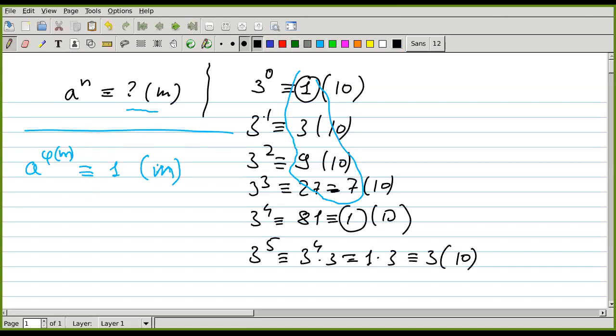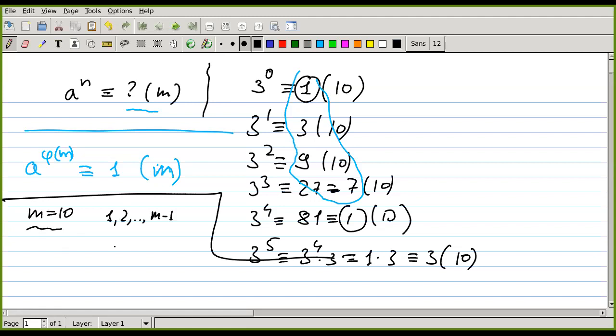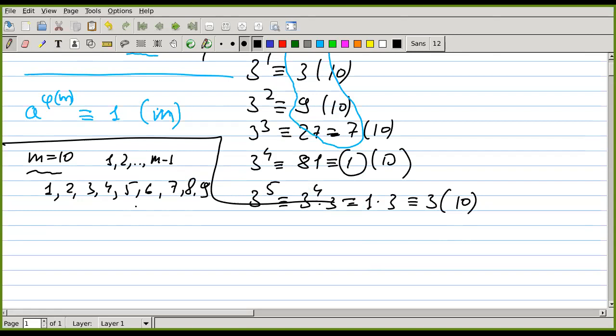In order to define it, let's consider some numeric examples. Assume that m indeed equals 10. And now let's consider all numbers from 1 up to m minus 1. Here we have, of course, 9 numbers: 1, 2, 3, 4, 5, 6, 7, 8, 9. Which of these numbers are co-prime to m?